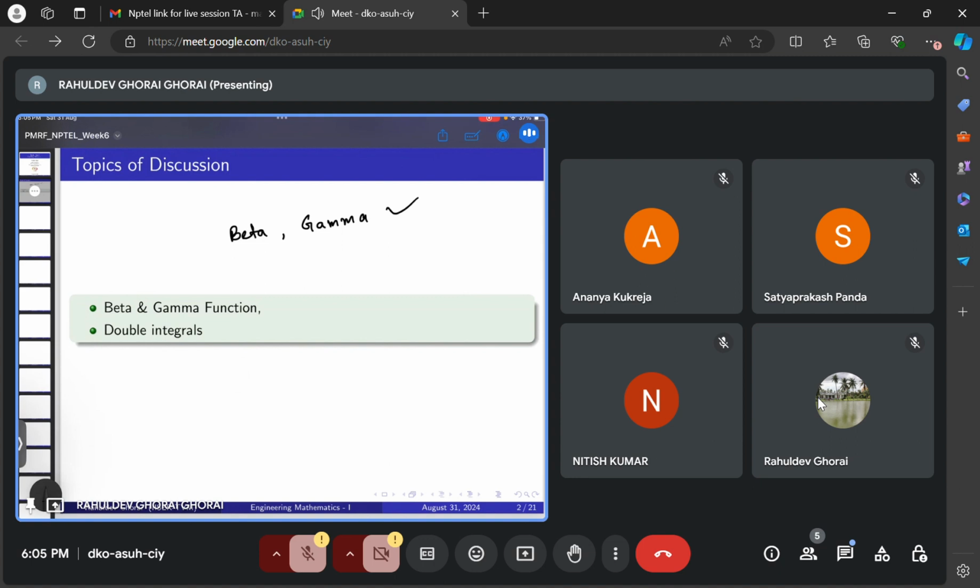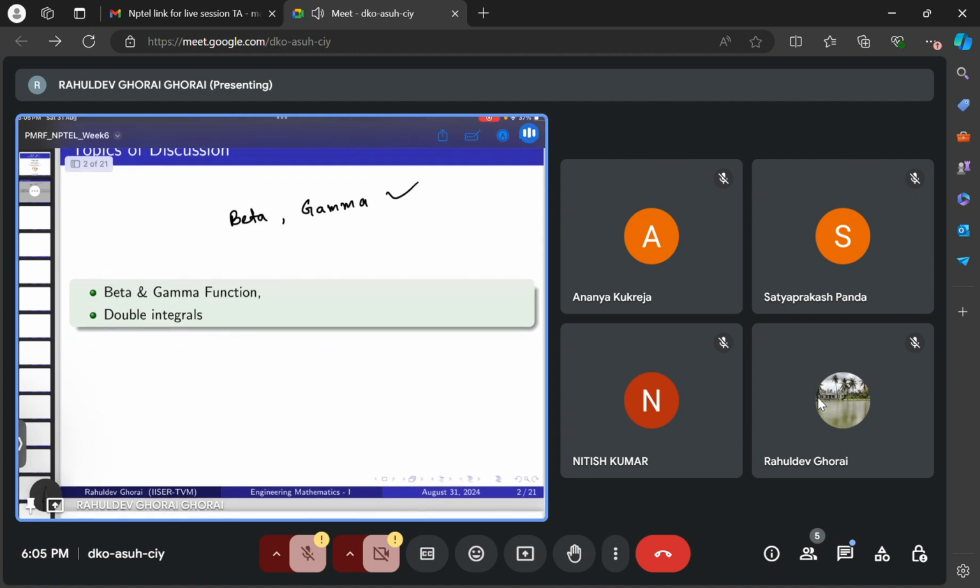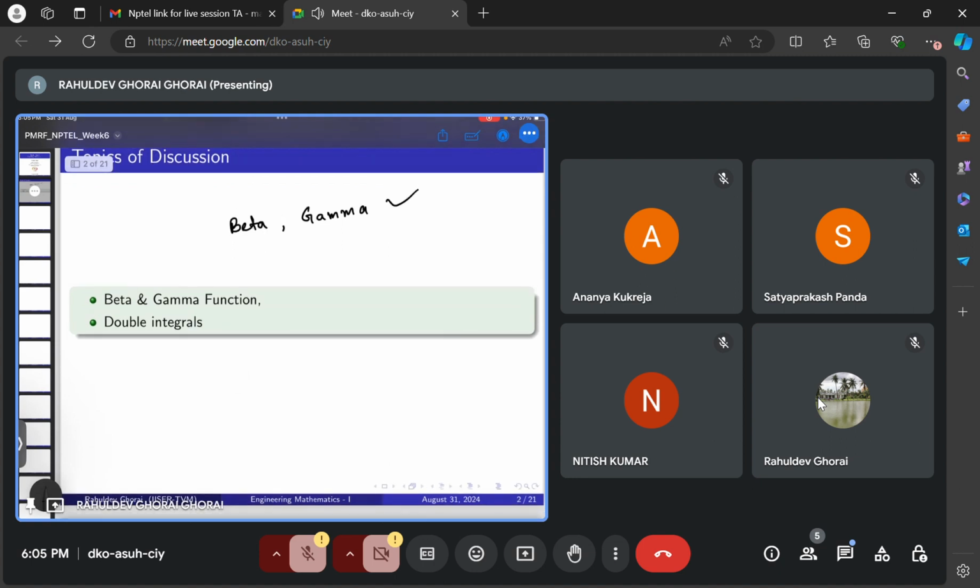So to begin with the gamma function definition, all of you know it was introduced mainly by Euler in the 18th century. This is the extension of the factorial function to real numbers.